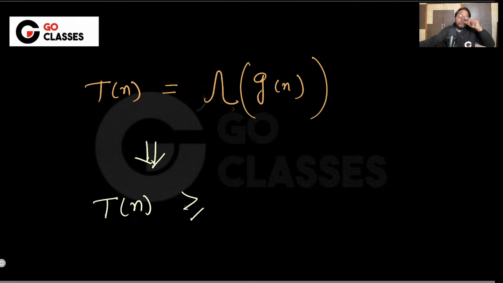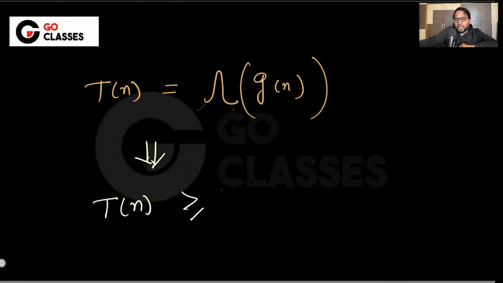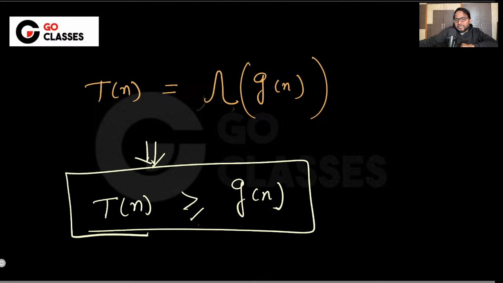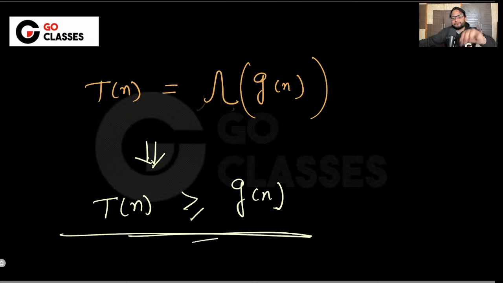It is the opposite of what we have seen. So if big O is lesser than or equal to, then big omega is greater than or equal to. Ideally it should be c into g(n) for some c and after some n naught, but I'm not writing that much. I hope that is okay to everyone.